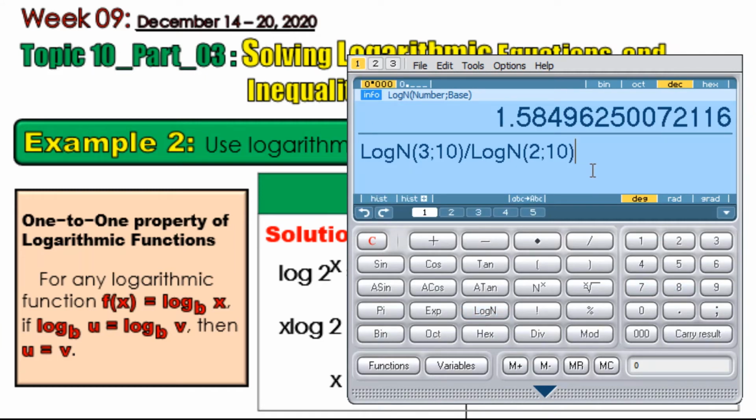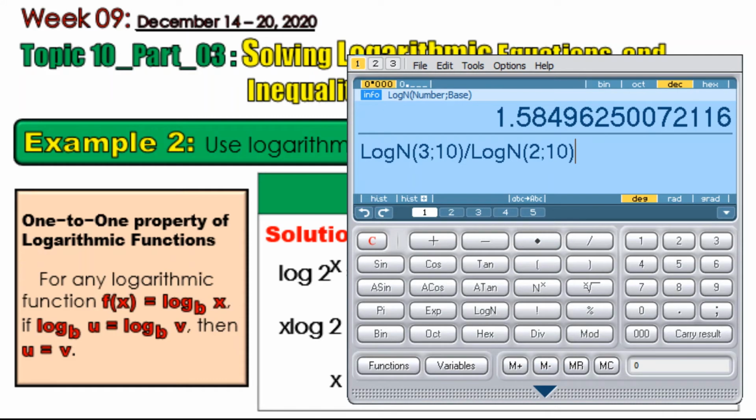And our answer would be approximately 1.58. If we will be rounding our final answer to two decimal places, it is 1.58.